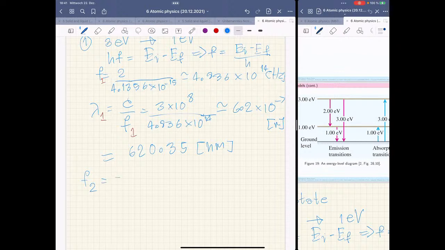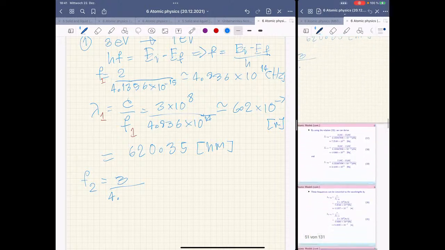Ei minus Ef: Ei is the initial state 3 eV, Ef is 0. So the difference is 3 minus 0, 3 eV divided by the Planck constant in eV scale.